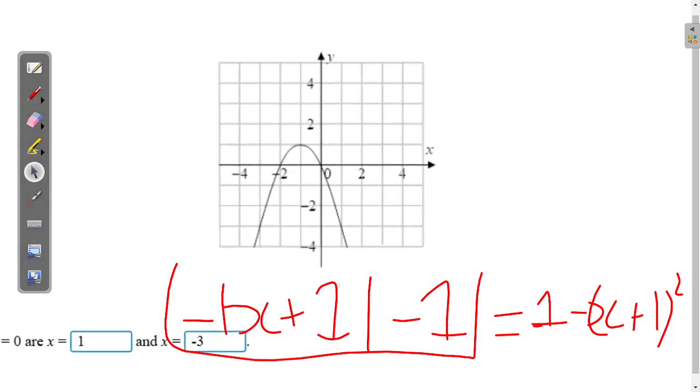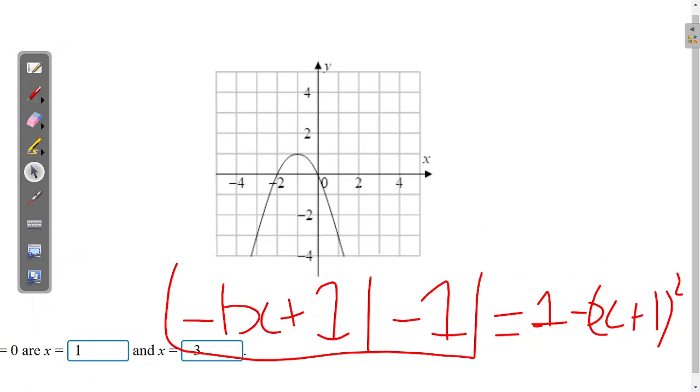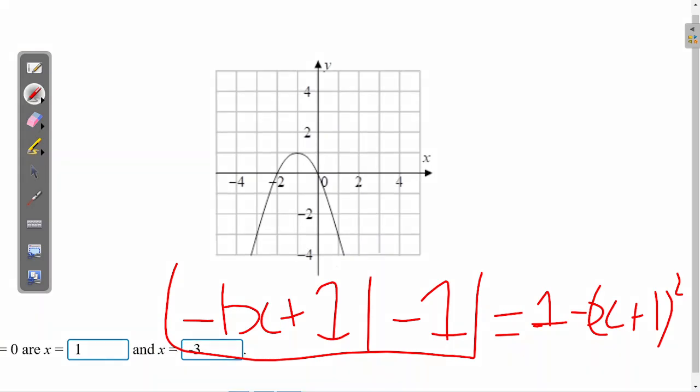Okay, for this you draw again from the vertex. The vertex is negative 1, negative 1. So if it's this one, where here, this is negative 1, negative 1, and a is negative, so it will go downward like this.